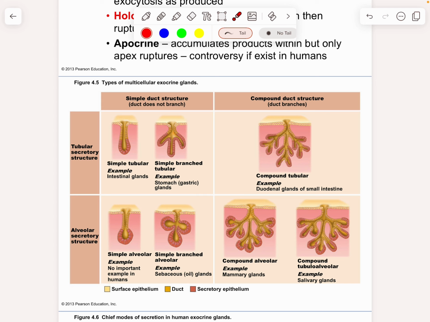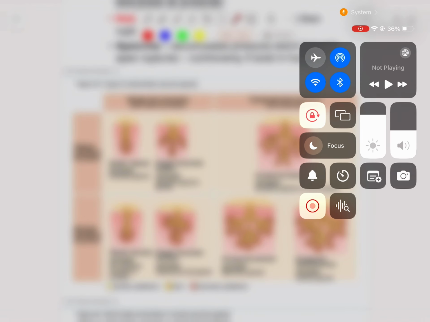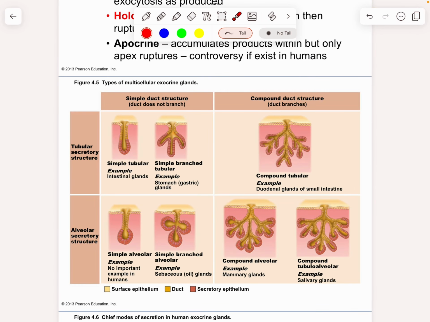To the right, we have the compound, and this looks more like a compound leaf, where we have this initial set of branches. So we've got this branching, but we have these multiple ducts, and then the individual ducts branch. So this would be a duct, this would be a duct, this would be a duct, and then the ducts branch out.